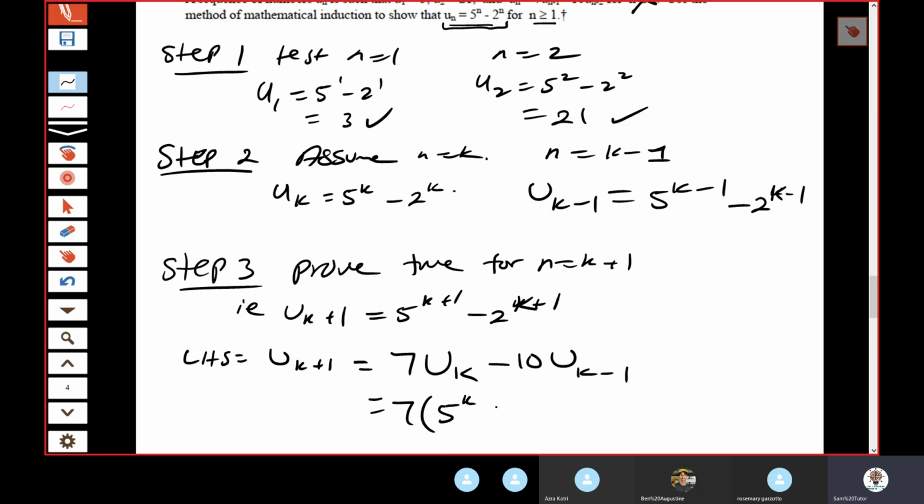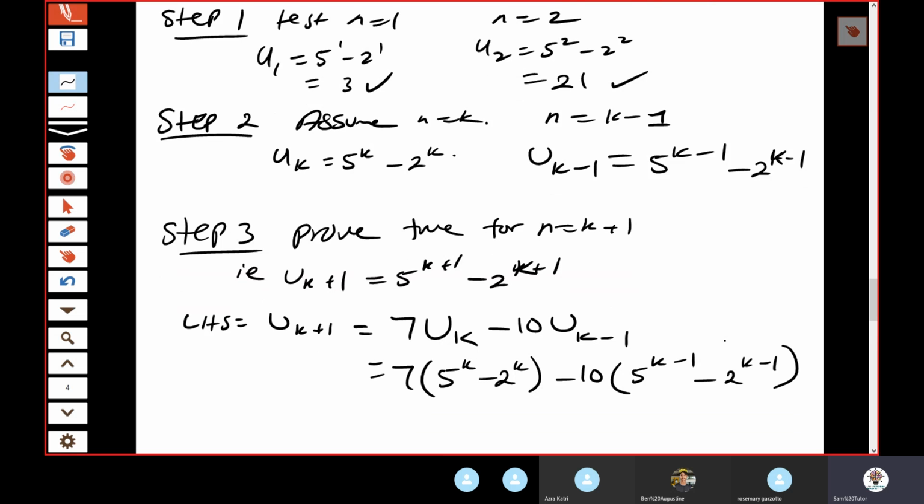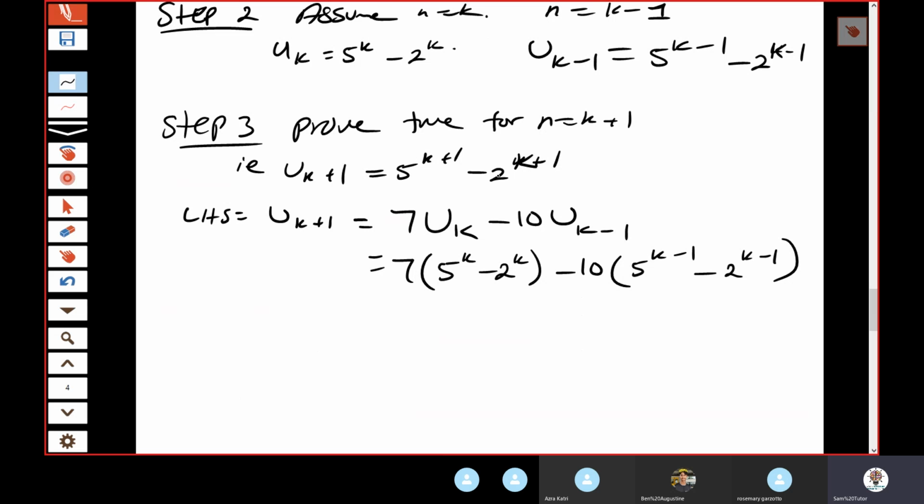u k is 5 to the k minus 2 to the k, minus 10 times u k minus 1, which are these lots. And then expand and hopefully get to this stage, right? We're trying to prove this right-hand side. So let me see what I would do. I would do 5 to the k plus 1.